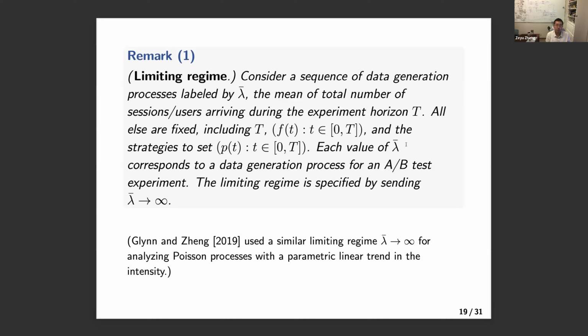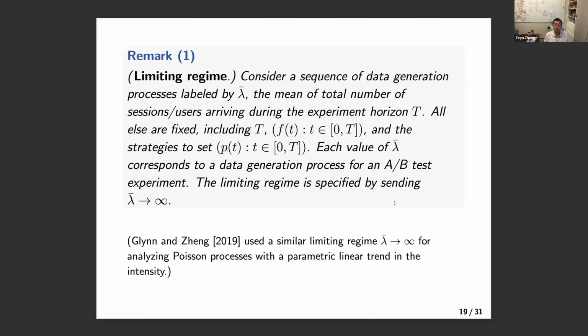And the regime is specified by sending this lambda bar to infinity. Okay. This type of limiting regime makes good sense when platforms are filled with a large number of users within the magnitude of weeks and days. But this is the limiting regime that we specify.